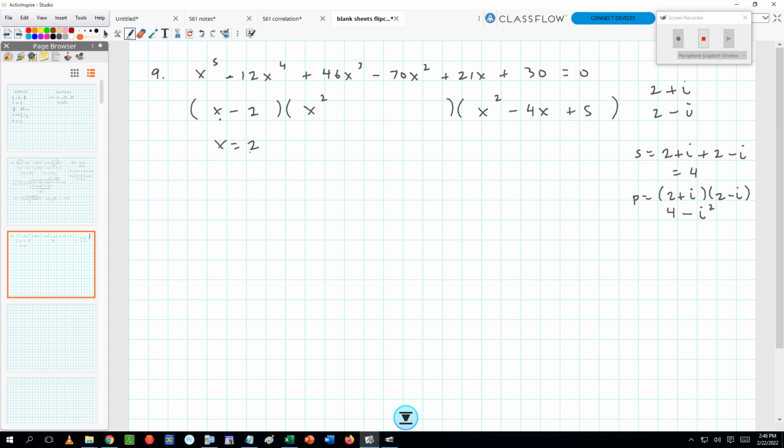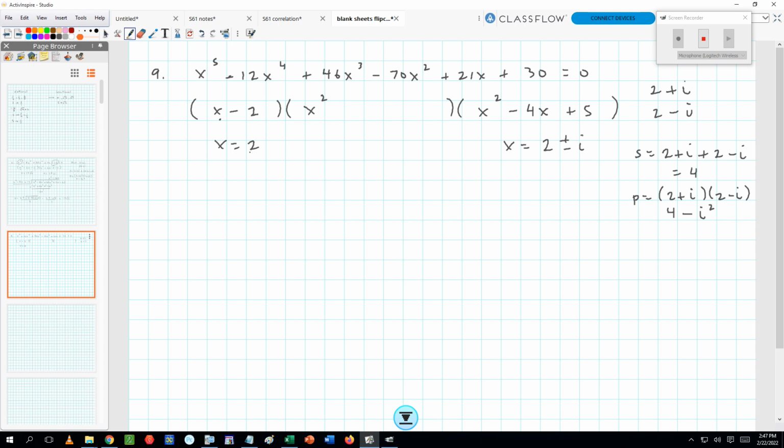So I need to do either synthetic division or long division, or multiply that binomial and that trinomial and do long division one time. And that's what I'm going to do. First of all, let me write this down. The answer to this last trinomial is 2 plus or minus i. So I'm going to multiply the binomial and the trinomial and do long division once.